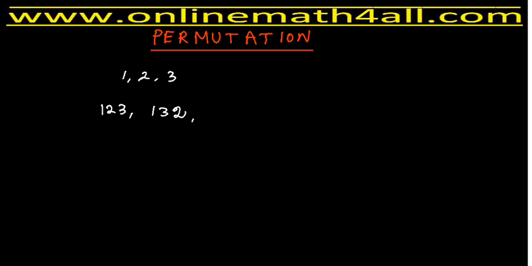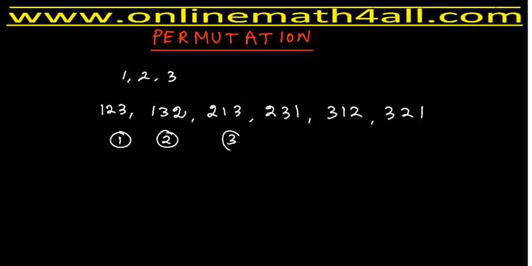In this way we can form, and the third one is 213, the fourth one 231, the fifth one 312, then 321. So that is 1, 2, 3, 4, 5, 6. By using the three different digits 1, 2, 3, we can form 6 three-digit numbers.